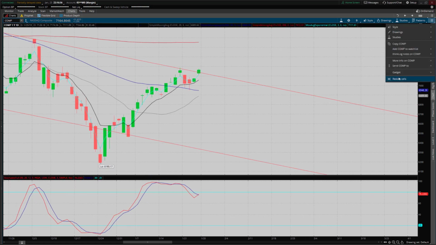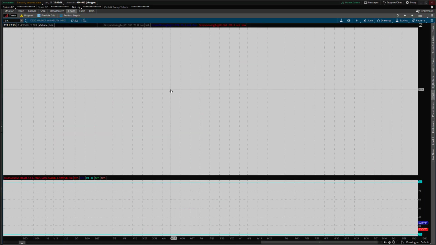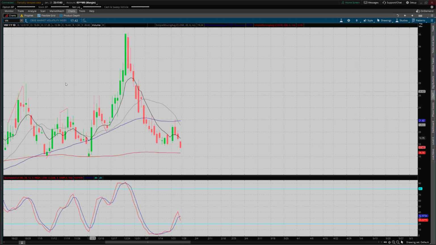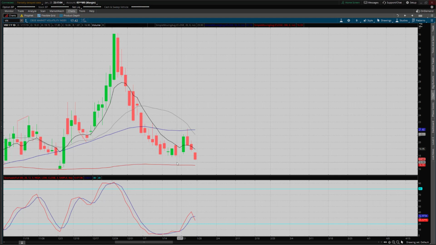Okay, we'll go with the VIX. And the VIX, after bursting out of the gate, showing some life, we've come right back down, and we've set a slightly higher low, ever so slightly. Last week's low on the VIX was 17.17.